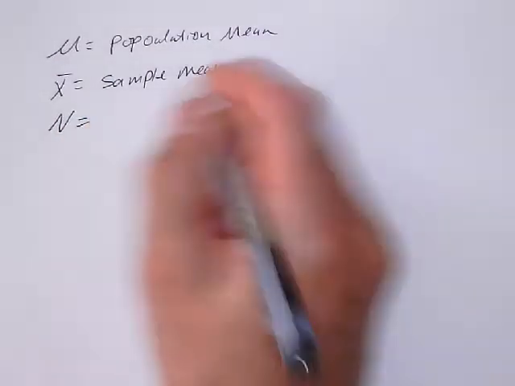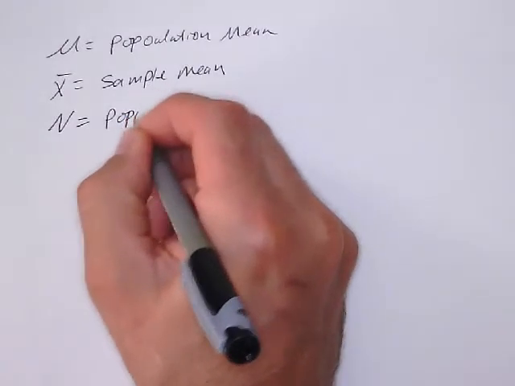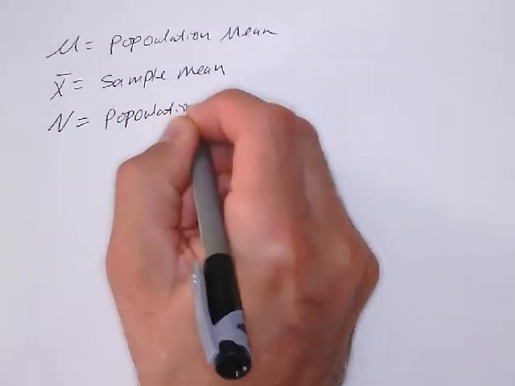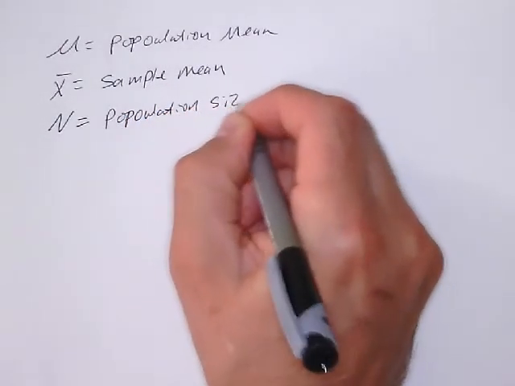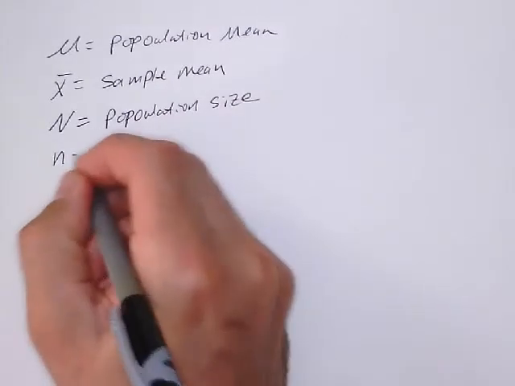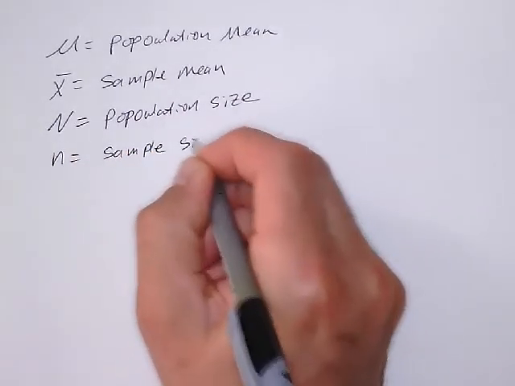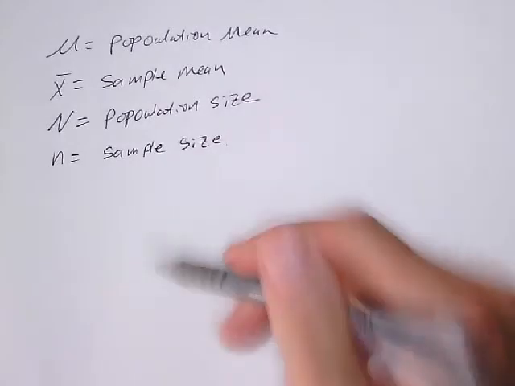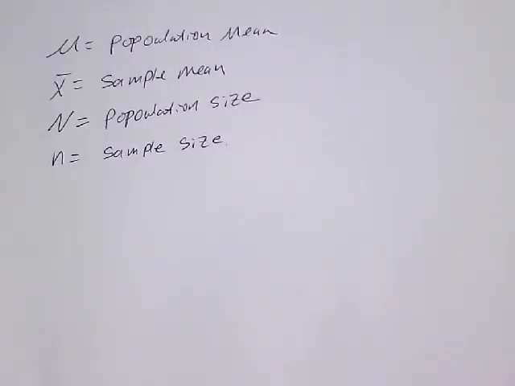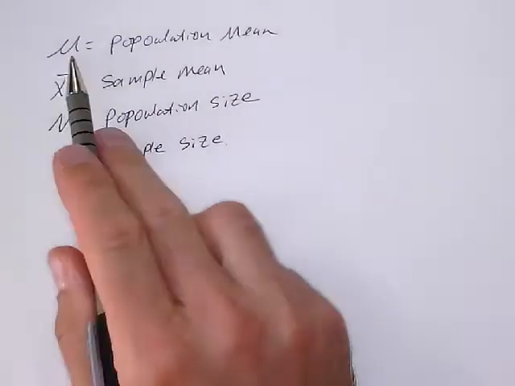Uppercase N is the population size. Lowercase n is the sample size. Okay. So those 4 variables are always going to mean the same thing.